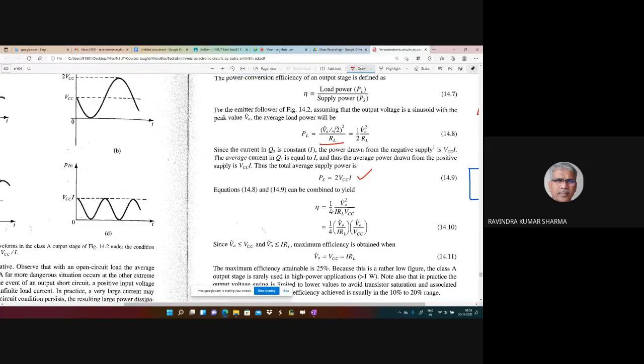Efficiency will be the signal power divided by the supply power. Is that fine?